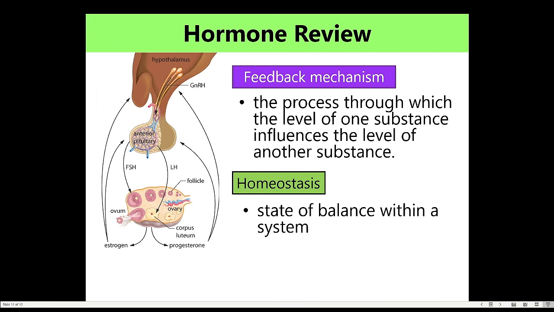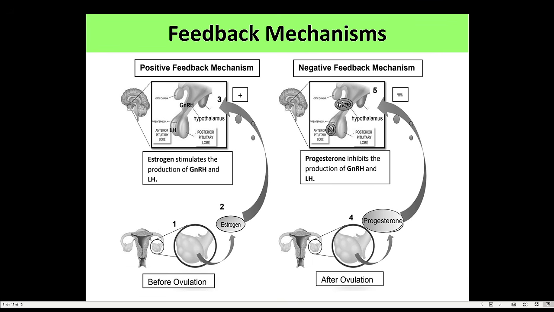So, what are the positive and negative feedback mechanisms? Let us remember, a positive feedback mechanism is something that stimulates the increase of a hormone, the increase of the levels of a hormone. A negative feedback mechanism inhibits or decreases or stops the production of a certain hormone.